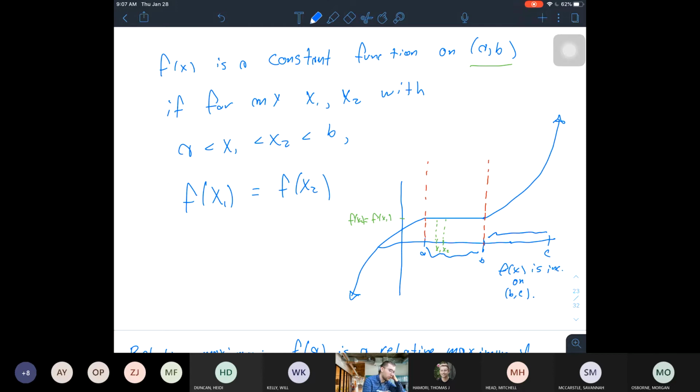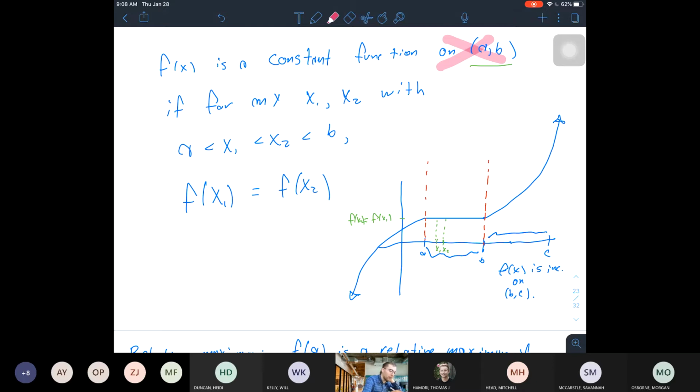If I omit this statement about being a constant function or an increasing function on a comma b, if I just get rid of this part and I just say that f of x is a constant function, then I mean that f of x is a constant function locally for every choice of a local environment.